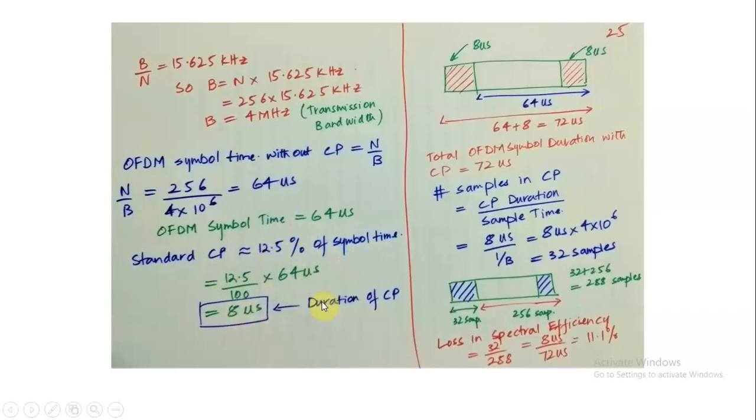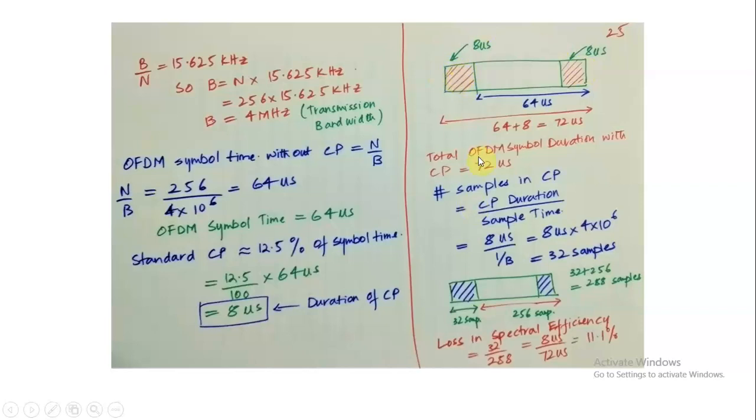This is the duration of the CP. So the total time is 64 plus 8, equal to 72 microseconds. The total OFDM symbol duration with CP is 72 microseconds, 64 plus 8 microseconds, where these 8 microseconds are put here as a prefix.